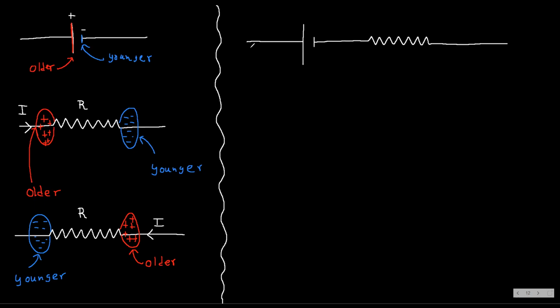Some cell is giving current to this circuit, so I'm not considering the complete loop, only this part. I'm considering the current is 3 amps, the voltage or EMF is 10 volts, and there is 2 ohm.